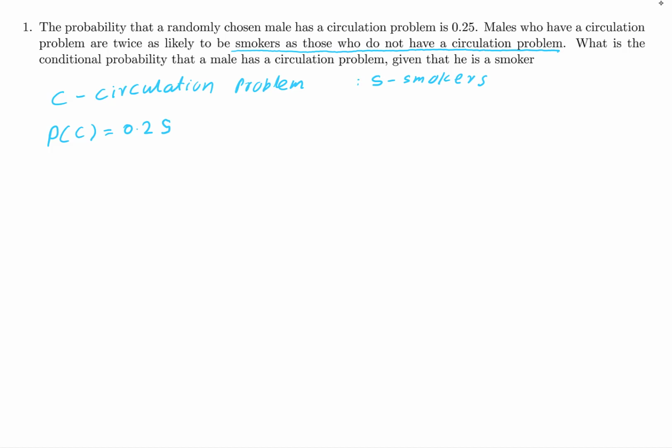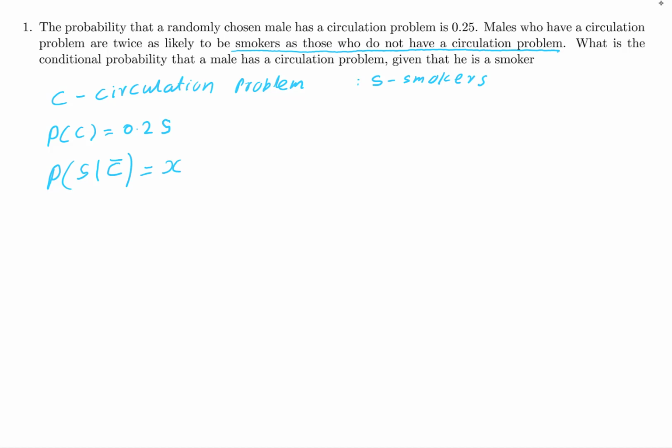C is the circulation problem, so do not have a circulation problem should be C complement. Now, the probability of smokers among those who do not have a circulation problem, I use X because we don't know that.